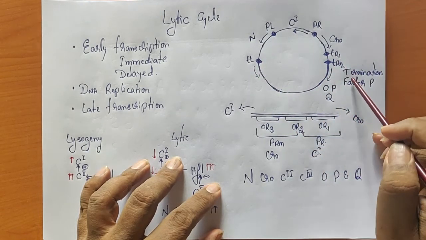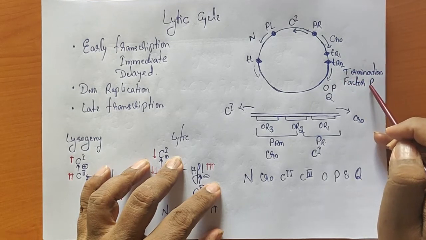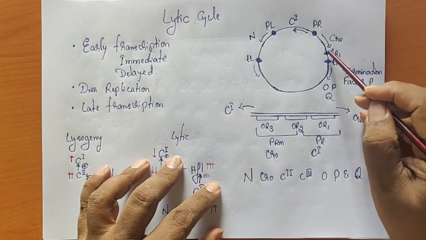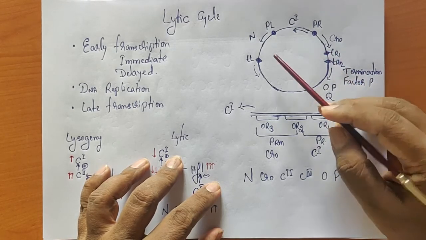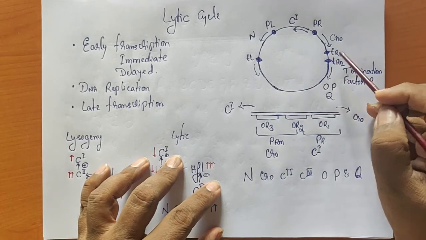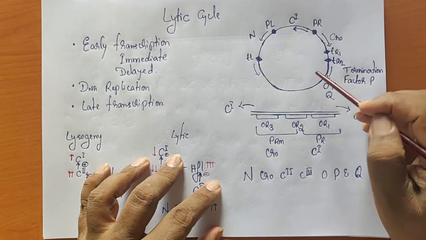To this there is a host protein called terminator factor P. Now this host protein terminator factor P will bind to TR1, TR2 and TL. So binding of this host protein P will block the further transcription.